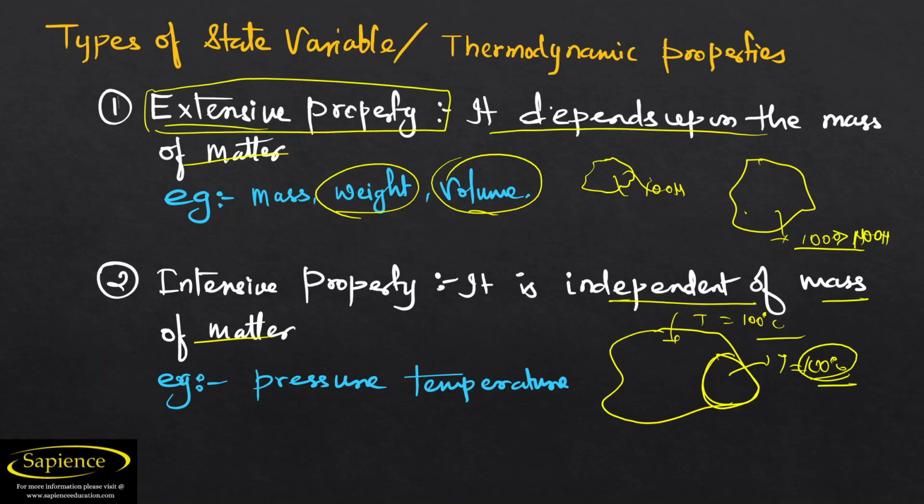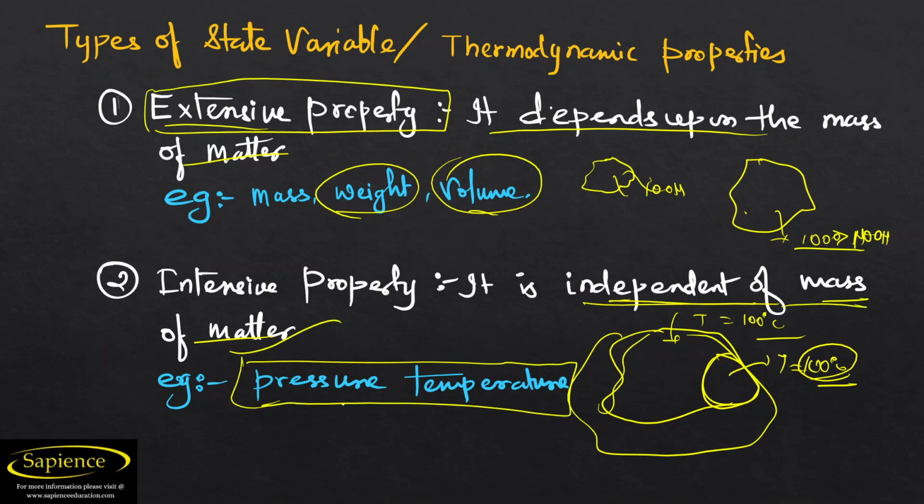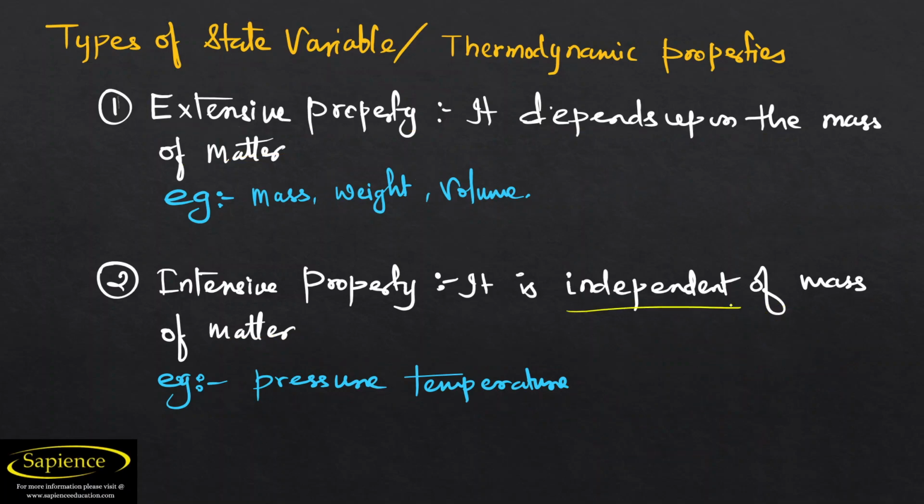It means that no matter how much matter there is, it is independent of the mass of the matter. So pressure and temperature are intensive properties. I for intensive, I for independent. In this way you can memorize it. This is the trick to memorize extensive and intensive properties. You may see some more examples in your textbook.